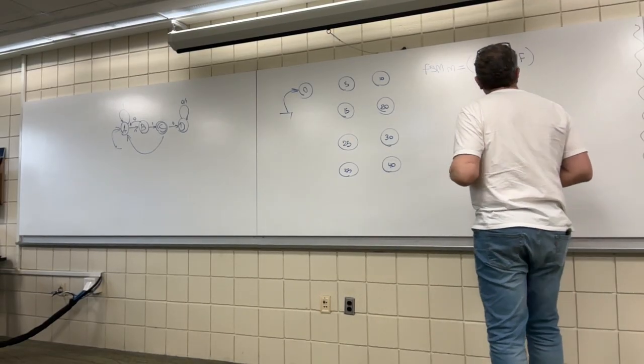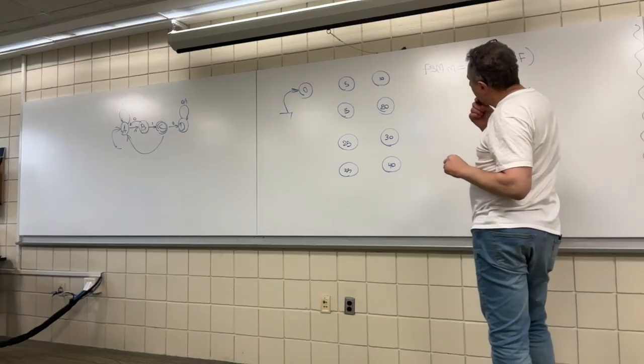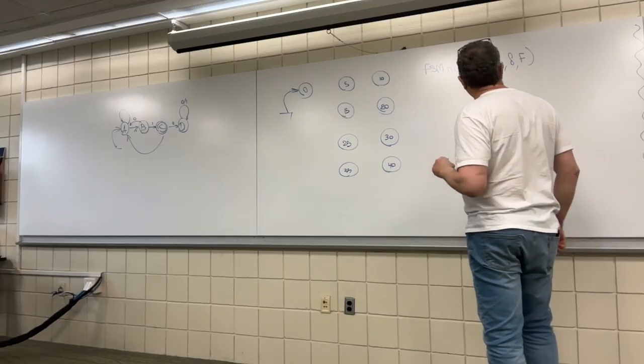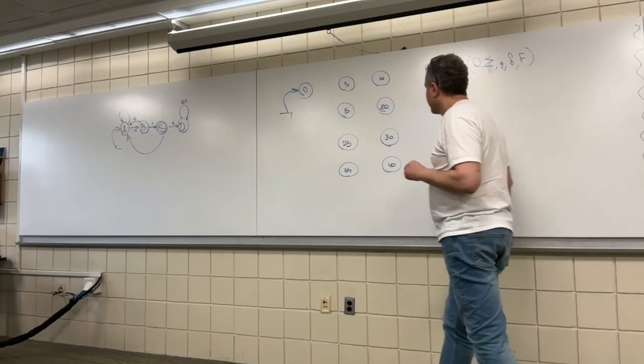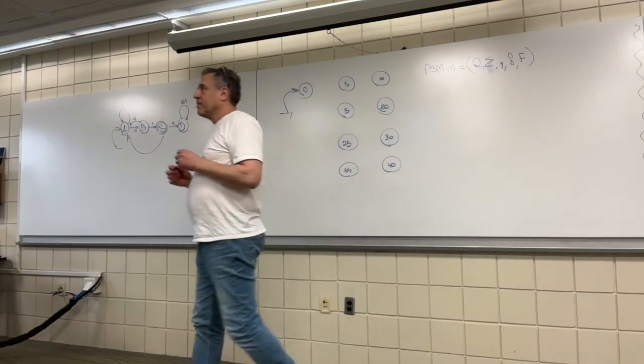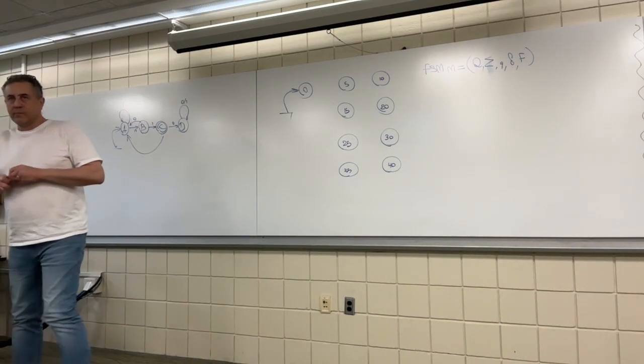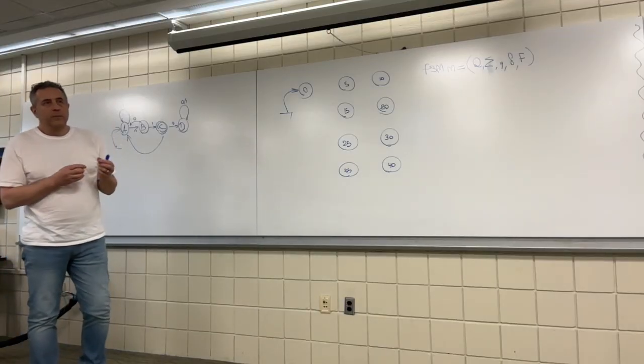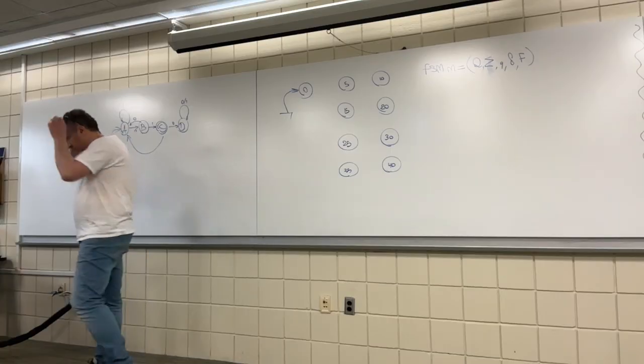Each of these arrows will have a label. 5 is going to go to 10, 5 is going to go to 15. So then, well, we could just do this.